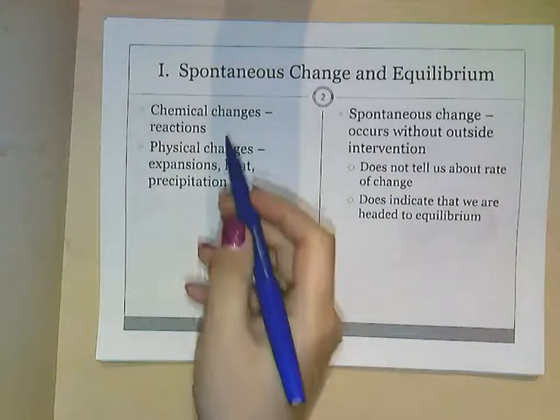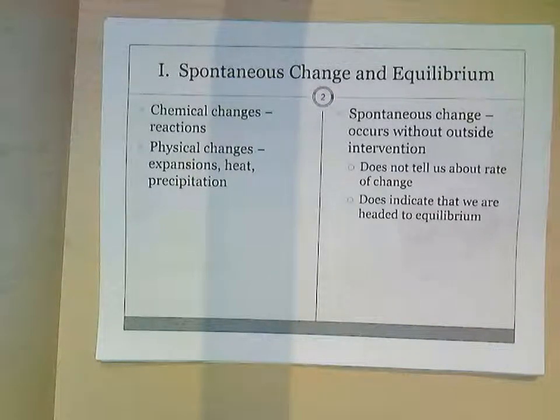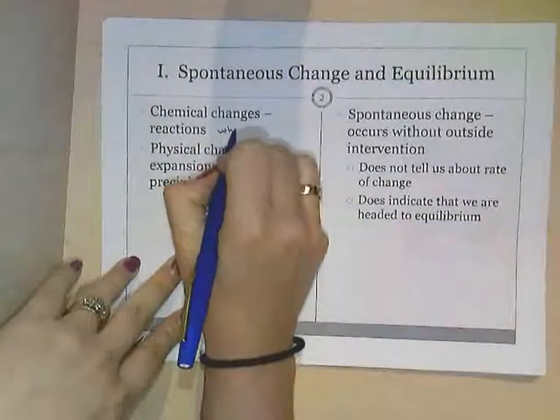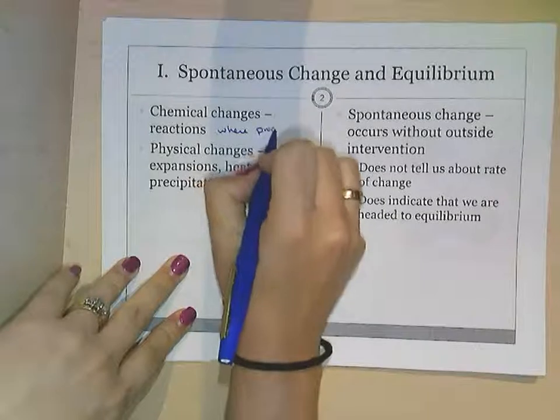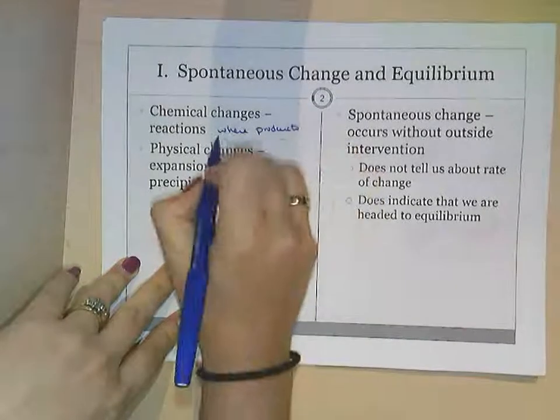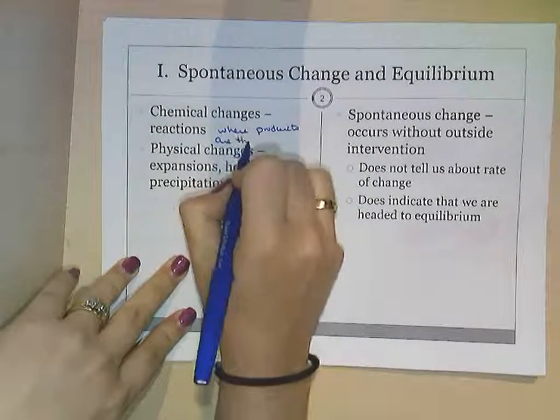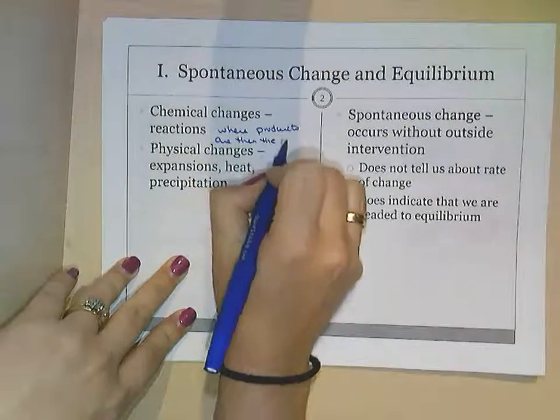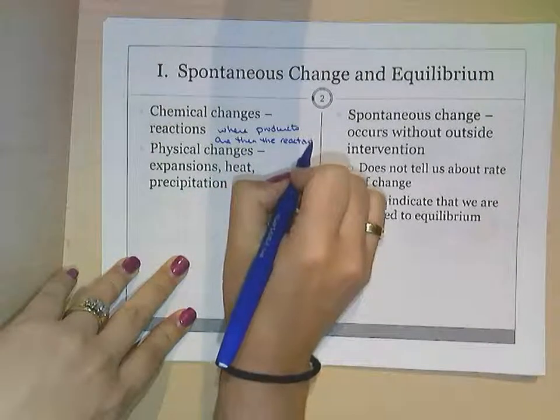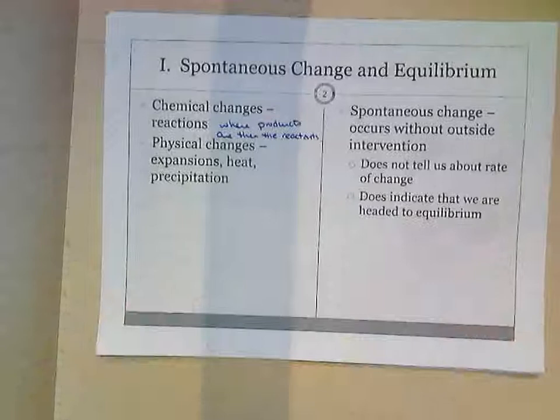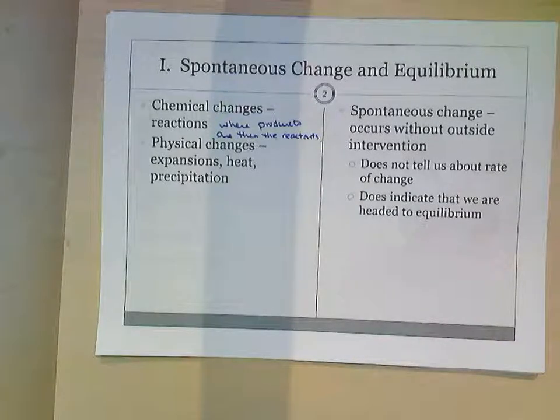A chemical change is where you do a reaction where the products are different than the reactants. Pretty much when you think of chemistry, this is what you're thinking of. You put in something and you get out something else. That's a chemical change.